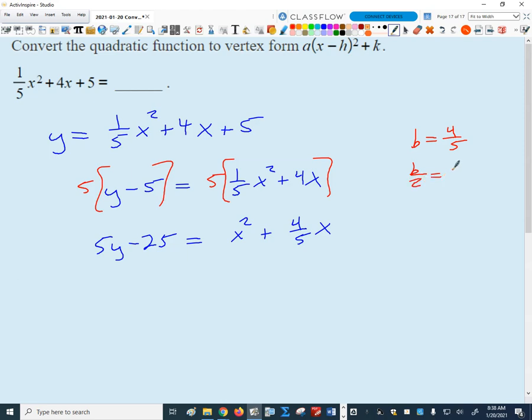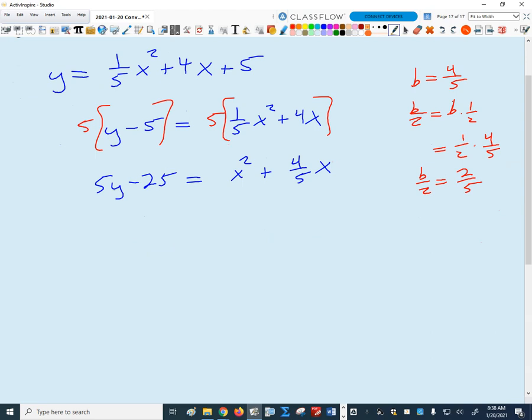So b over 2 is the same thing as b times 1/2, which is 1/2 times 4/5, which is 2/5. So there's my b over 2. Okay, so I've got to add b over 2 squared, so 2/5 squared, to both sides.